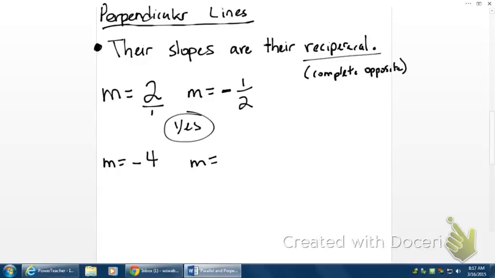Remember, this is a whole number, so just put it over 1. If it's negative, make it positive. I think Damien had that part right. And if it's 4 over 1, flip it, 1 over 4. So these would be considered perpendicular slopes.